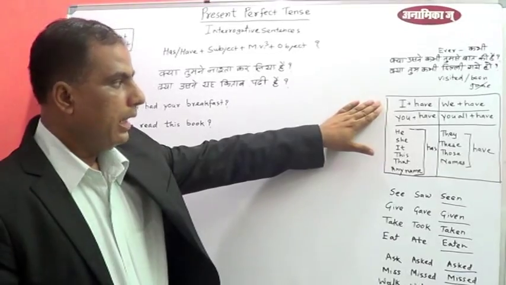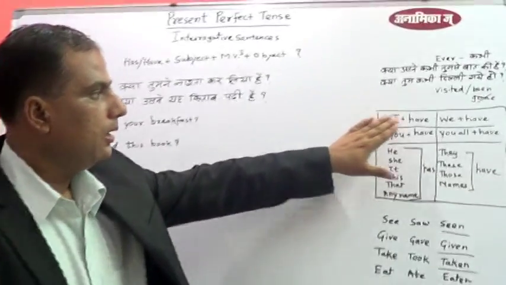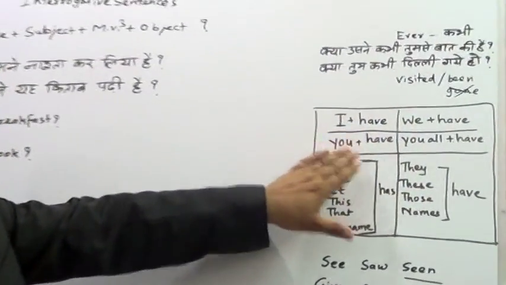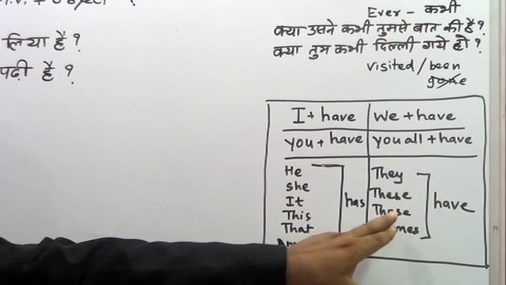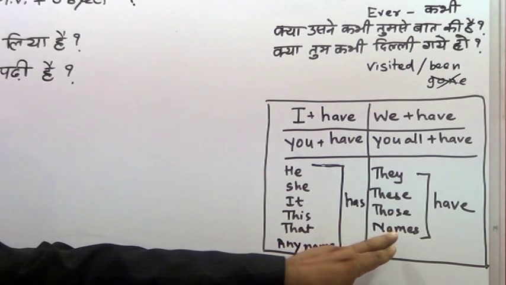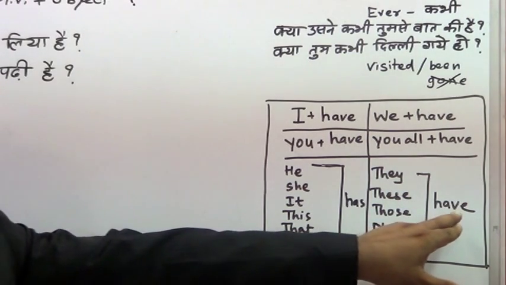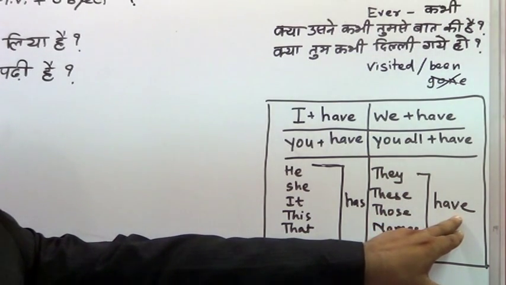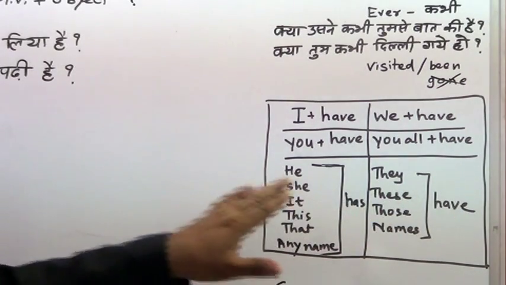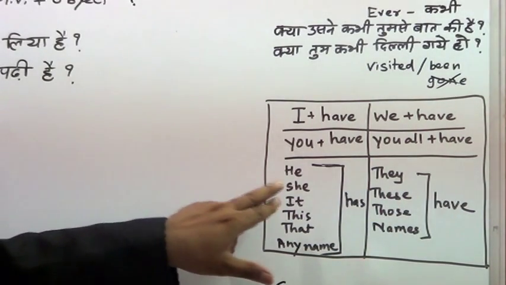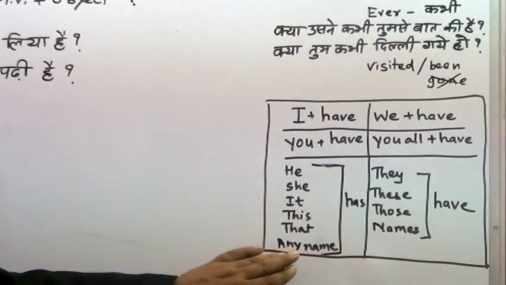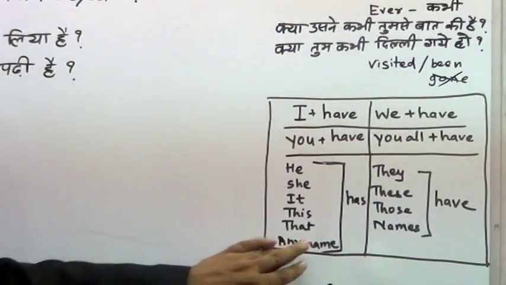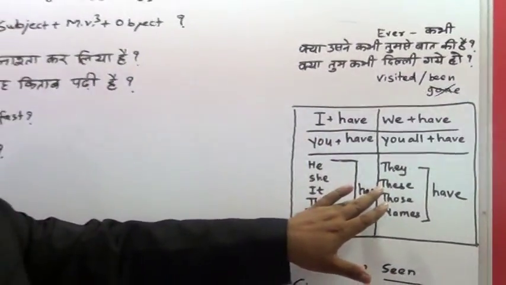So if the subject is I, we, you all, they, these, those, and more than one name, we always use have as the helping verb. If the subject is he, she, it, this, that, or any specific name, we always use has.